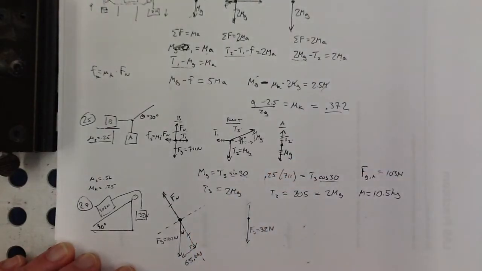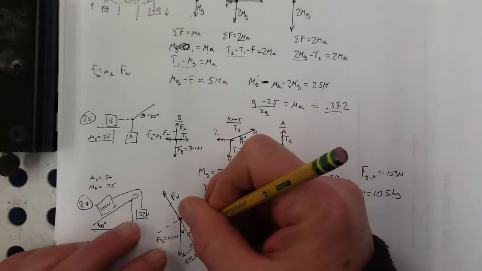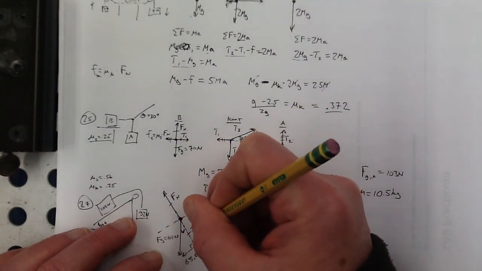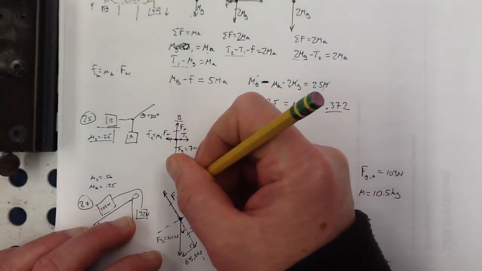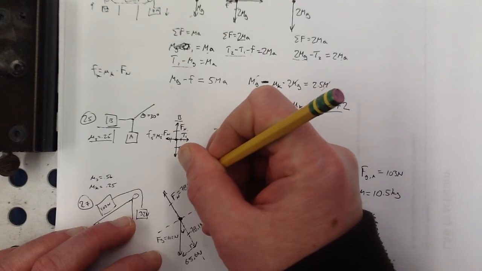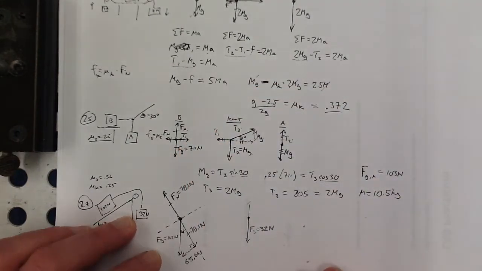That's 65.6. And then 102 times the cosine of 40 is 78.1, and that will be the normal force.